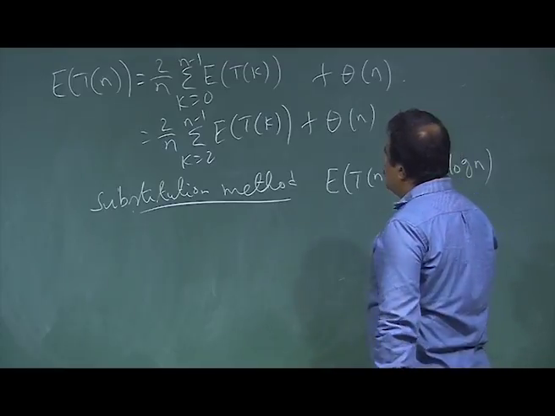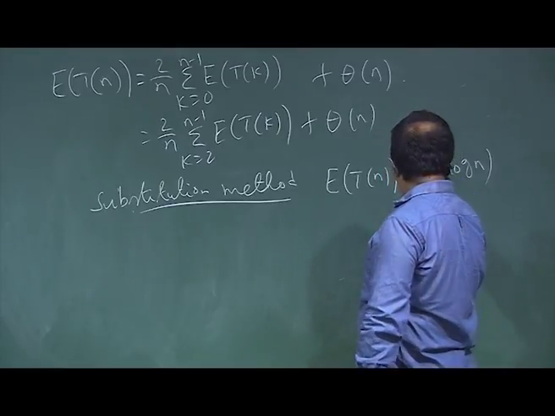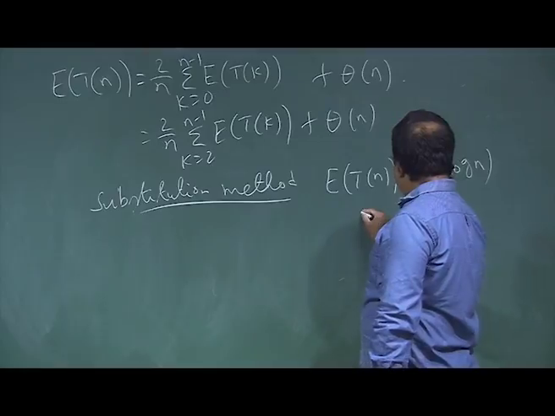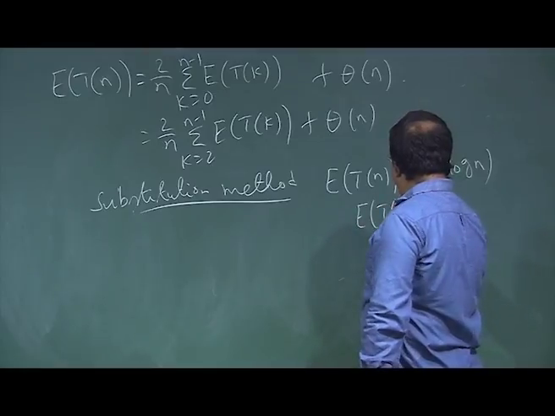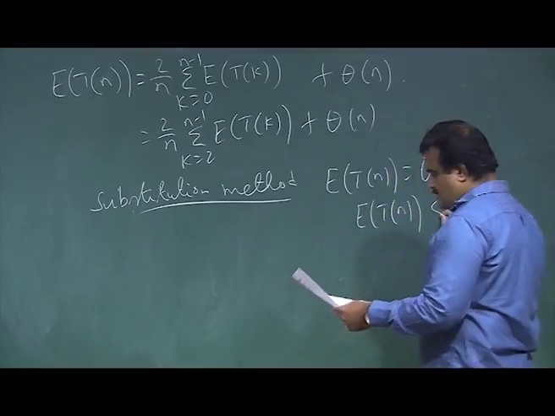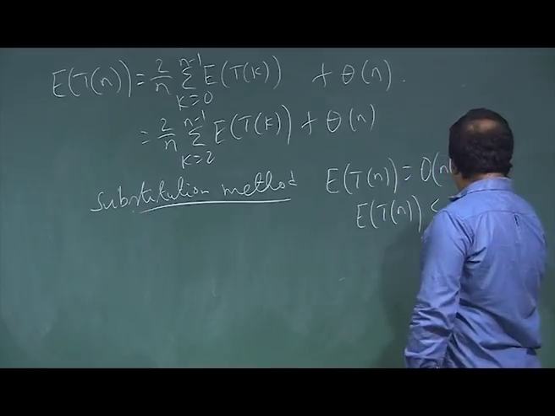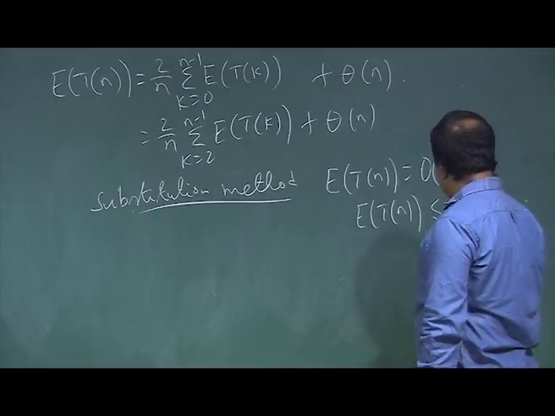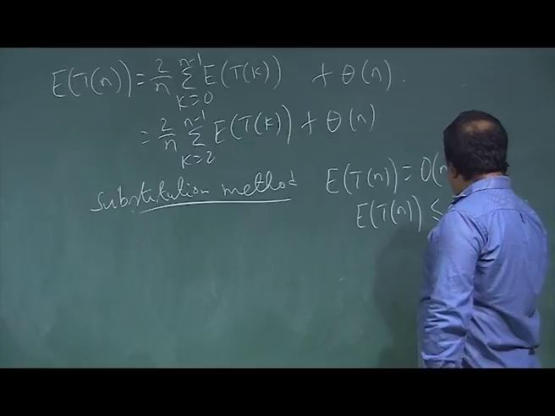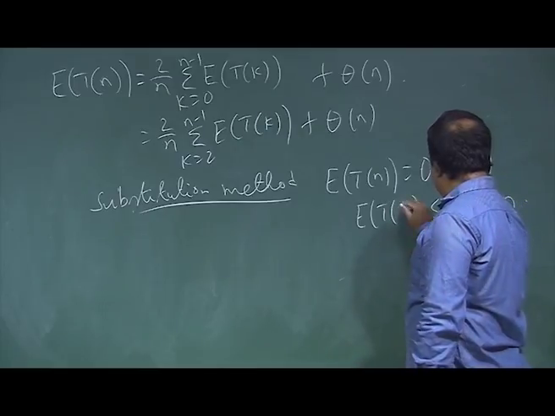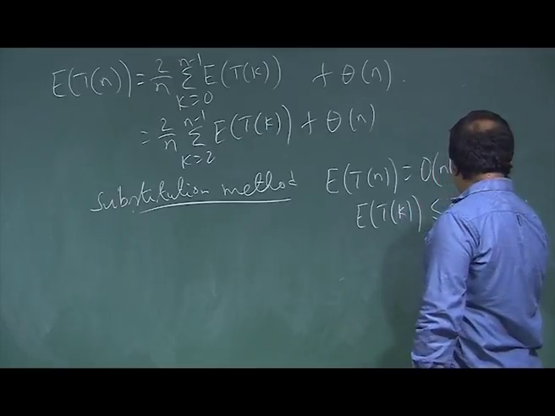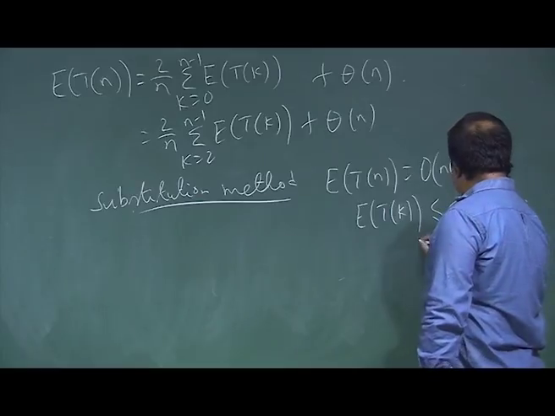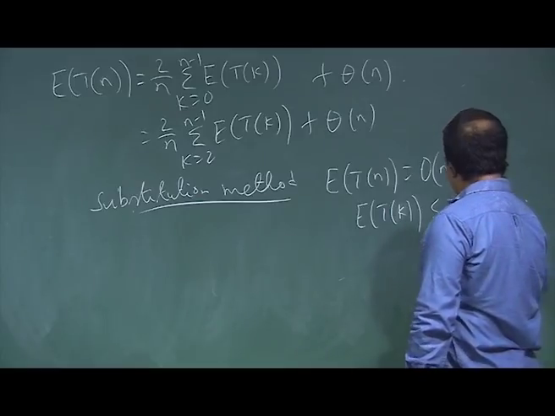So now to prove this, this is a big theta we are proving, so we are assuming this expectation of Tn is less than or equal to some a n log n, where a is a constant. So this is our assumption. This is true for k, this we have to prove. So this is true for all k less than or equal to n.